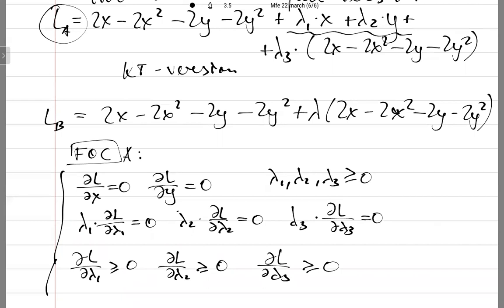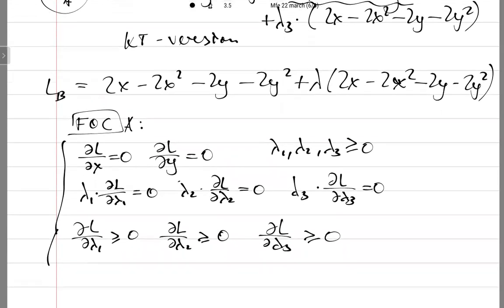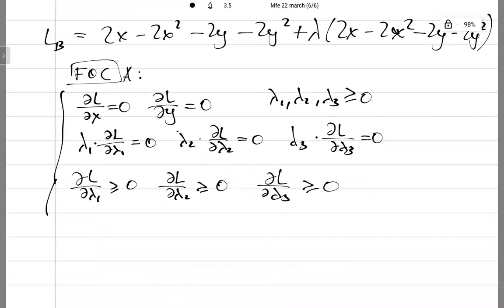That's our first order conditions for version A. I'm too lazy to solve them. I hate having a lot of lambdas.